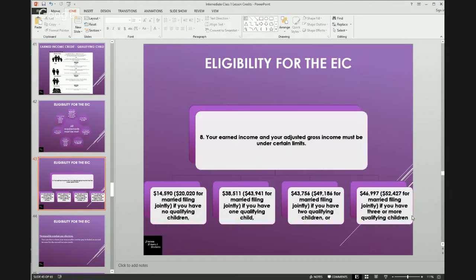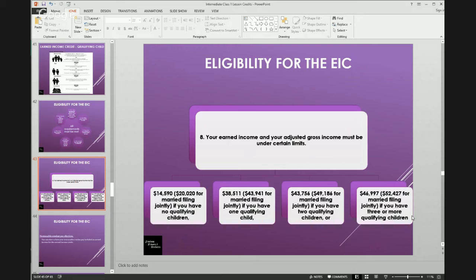Your earned income and your adjusted gross income must be under certain limits. So without any children, it would be $14,590 for single or head of household or qualifying widower, and $20,020 for married filing jointly. This bumps up if you have one qualifying child.